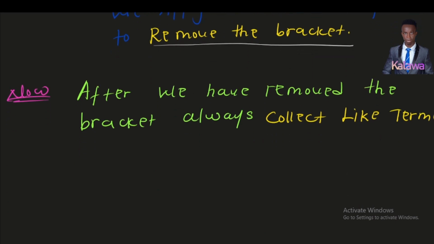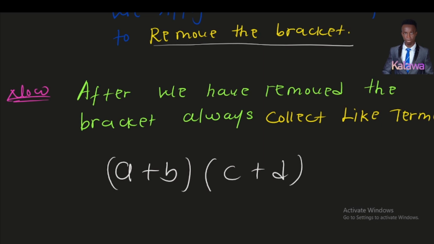So let me demonstrate to you how it actually works. For example, now, let's say we have a plus b. This is one binomial, and then we also have c plus d, and this is another binomial.